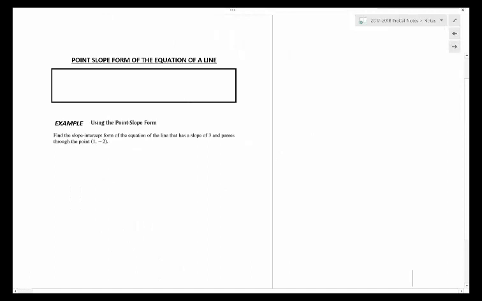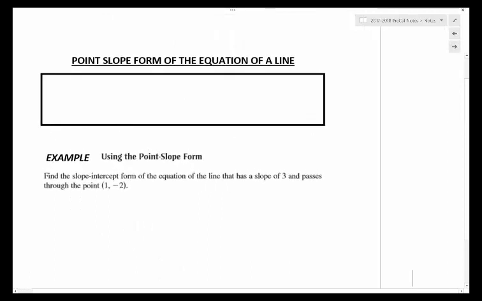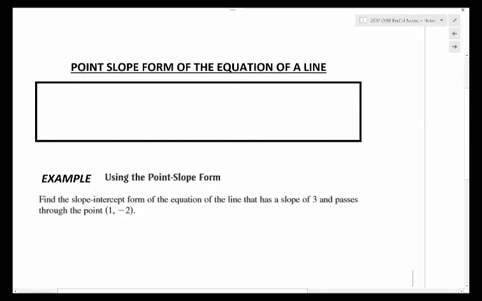The point slope form of the equation of a line works really well if you have an equation with 2 points. It really makes it kind of easy just to plug it in, as the Glade commercial tells us. The standard form of it is y minus y1 equals m times x minus x1.